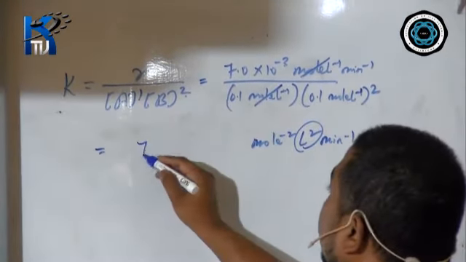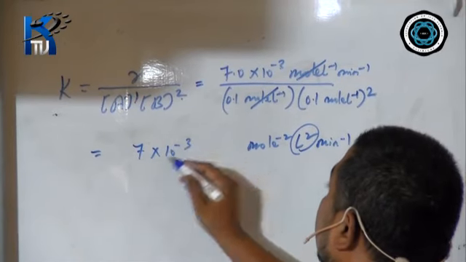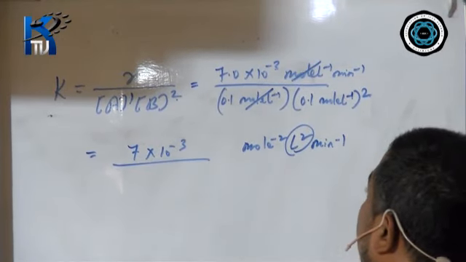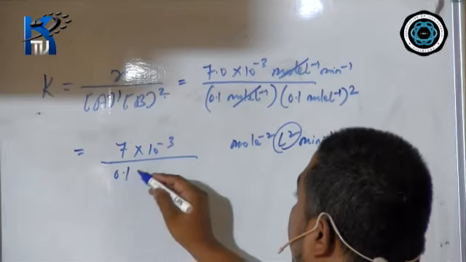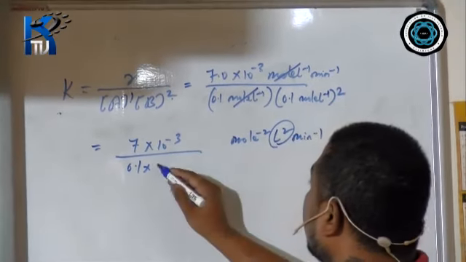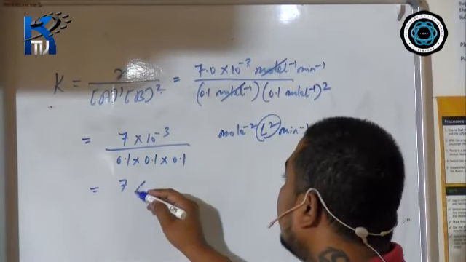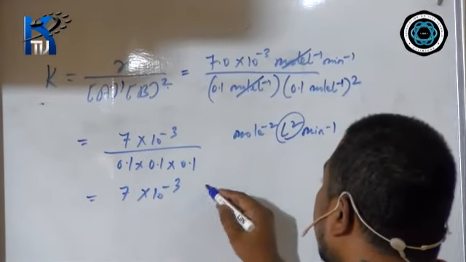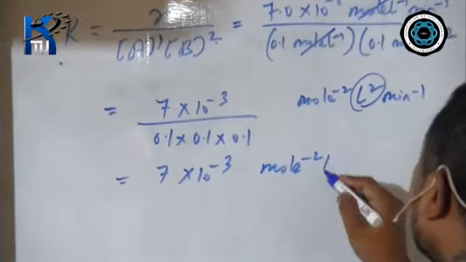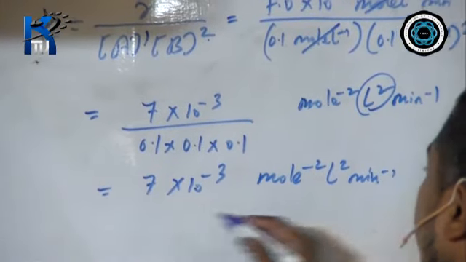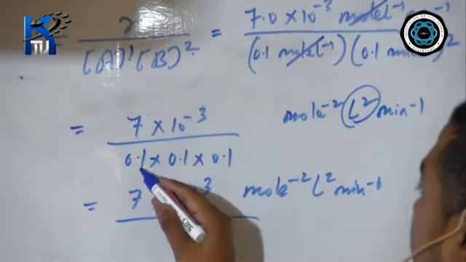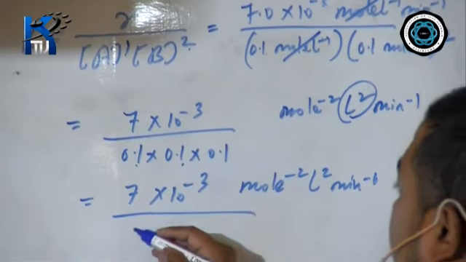Now the value which is left is 7 into 10 to the power minus 3, 7.0 means 7. Now here what remains is 0.1, and here 0.1 square means 0.1 into 0.1. So 7 into 10 to the power minus 3, unit is mole inverse square, liter square, minute inverse. Now down, multiply these all. 1 into 1 is 1, 1 into 1 is 1.